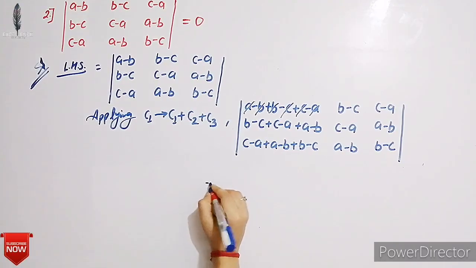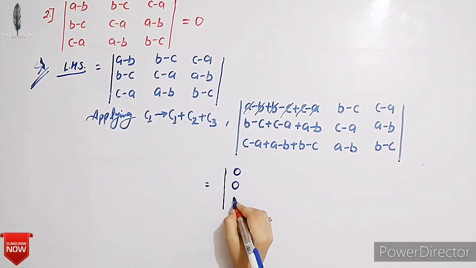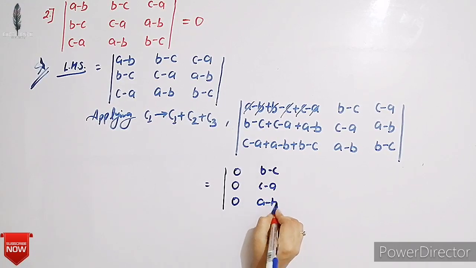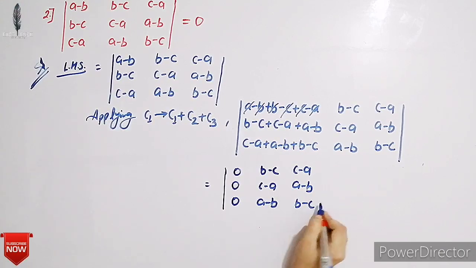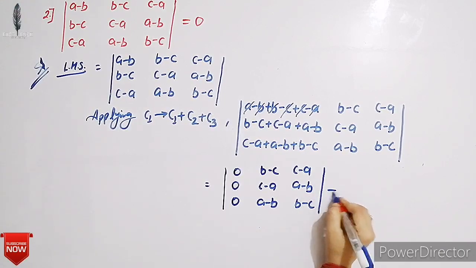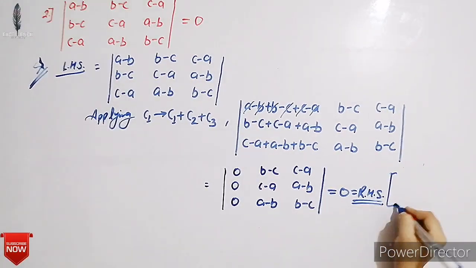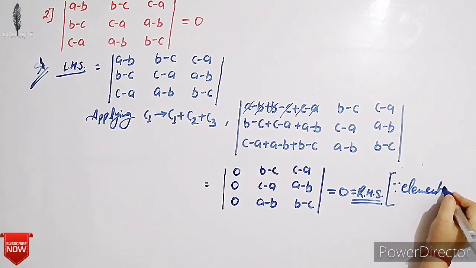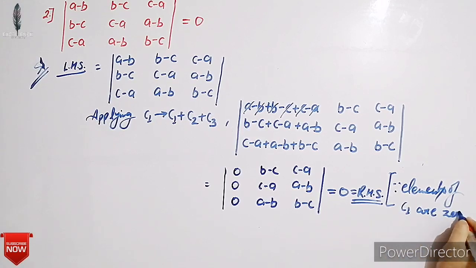So we have C1 equal to 0, 0, 0, and C2 is b minus c, c minus a, a minus b, C3 is c minus a, a minus b, b minus c. So it is equal to 0 because the elements of the first column, the elements of C1, are 0. So the value of the determinant is equal to 0, equal to RHS. Hence proved. Let's see the next question.